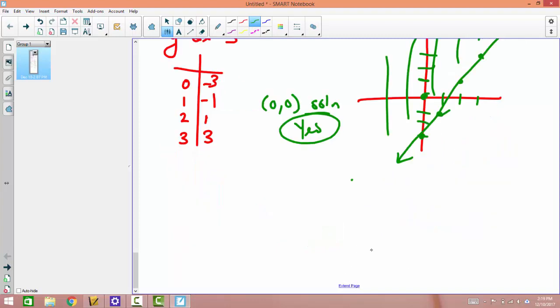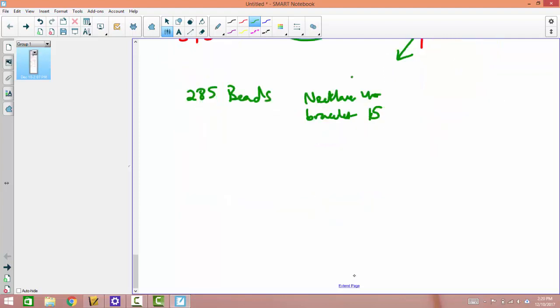Okay, story problem. You have 285 beads and you are a jewelry maker. The necklace takes 40 beads to make, and a bracelet takes 15 beads to make. Go ahead and write an equation and graph the inequality and then list a couple solutions.